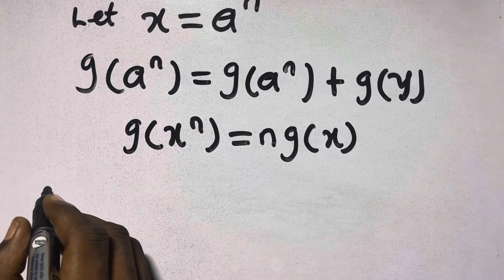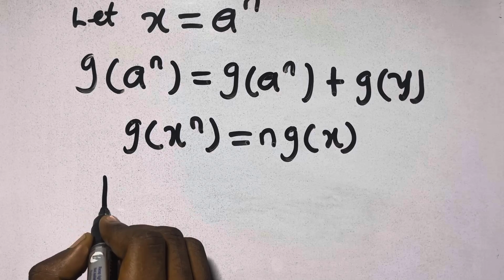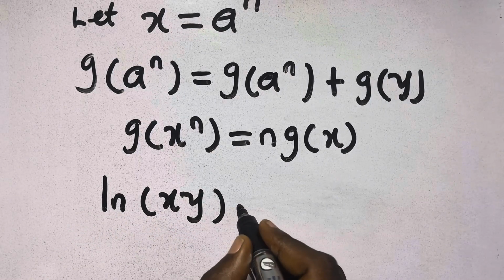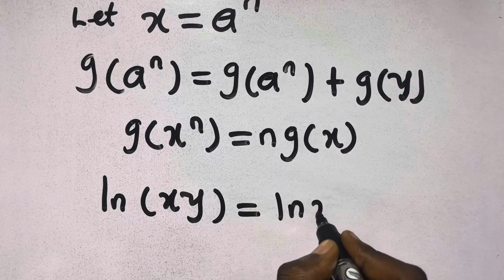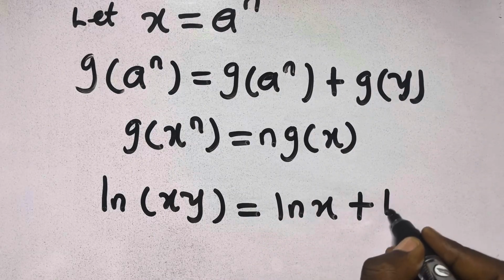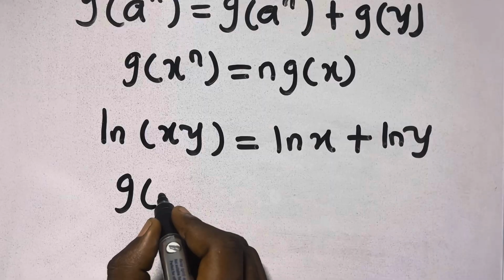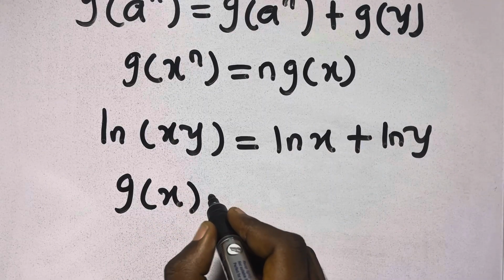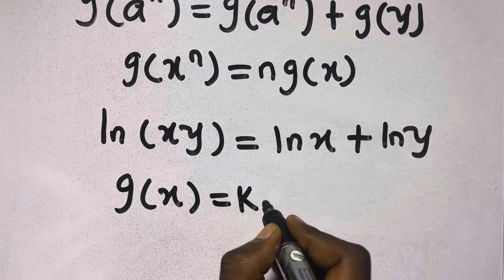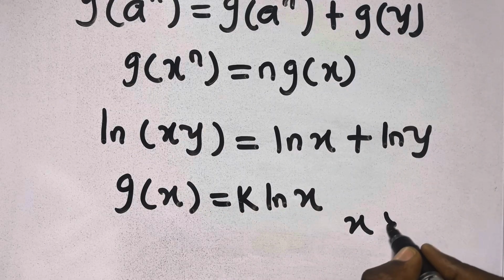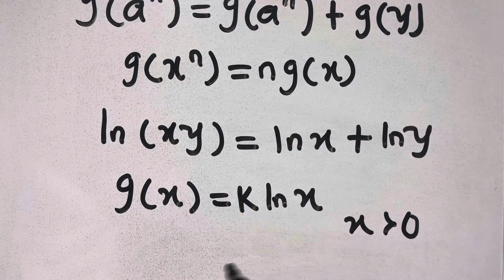So now another pattern is we have ln of xy equals ln x plus ln y. So generally, anytime we have g of x, we are going to have k ln x, provided our condition of x greater than 0.